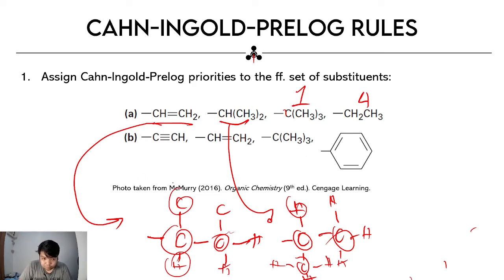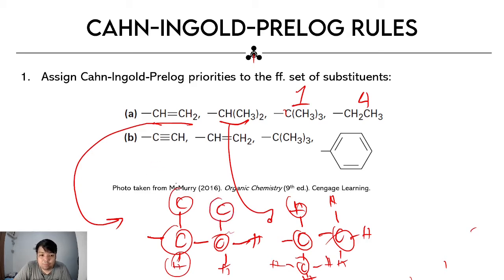Since they both have 2 carbon atoms and 1 hydrogen atom attached to the first atom from the point of attachment, we move on to the atoms directly attached to the second atom.